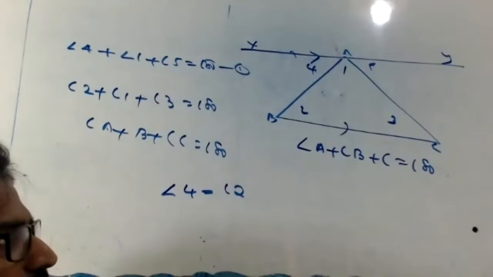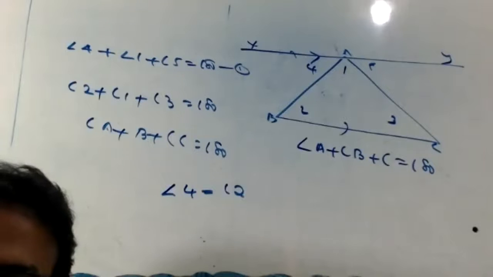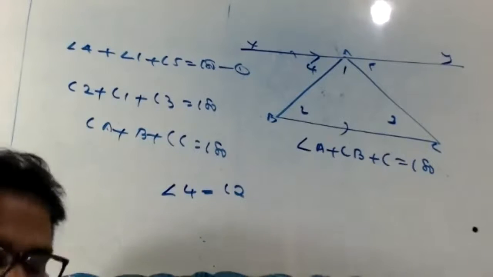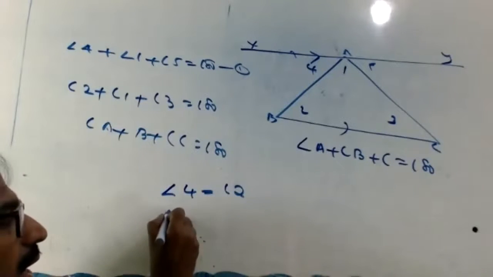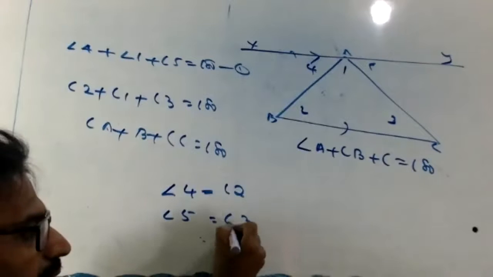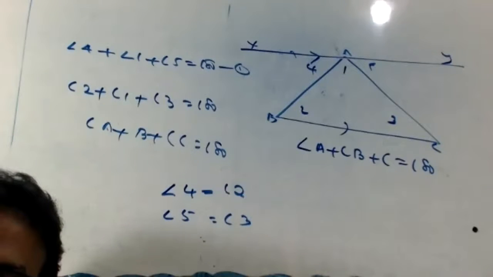Angle 4 equal to angle 2, what is the reason? Alternate angles. Angle 5 equal to angle 3, what is the reason? Alternate angles, right?